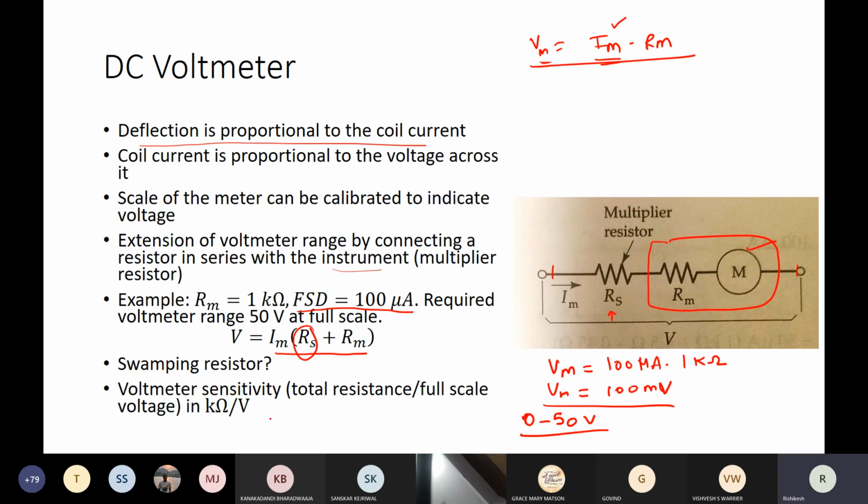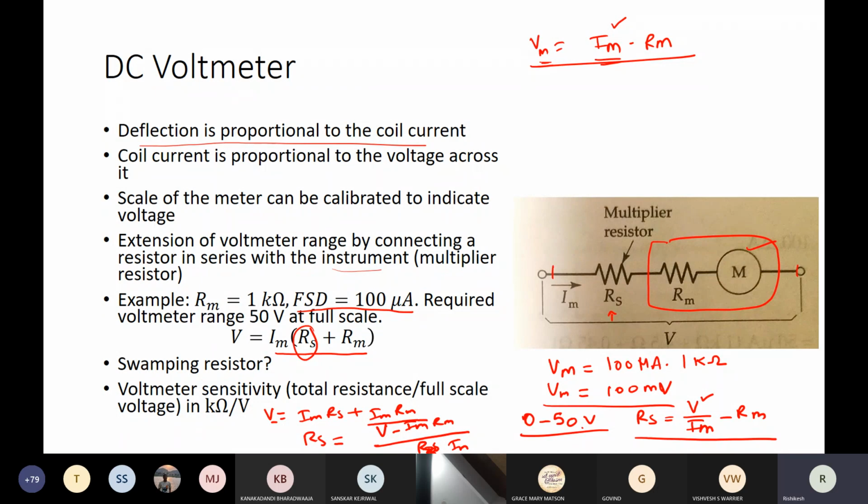So we know that V is Im into Rs plus Im into Rm. This is a known quantity. This I have defined as 50 volts. So Rs can be calculated as V minus Im Rm divided by Im, which is Rs is nothing but V divided by Im minus Rm, right?